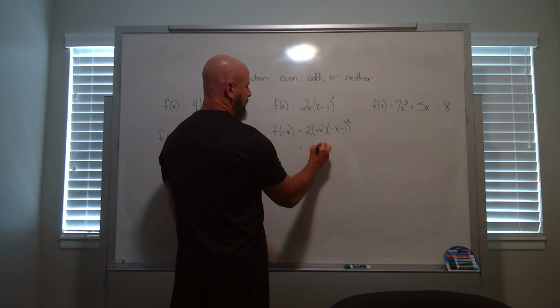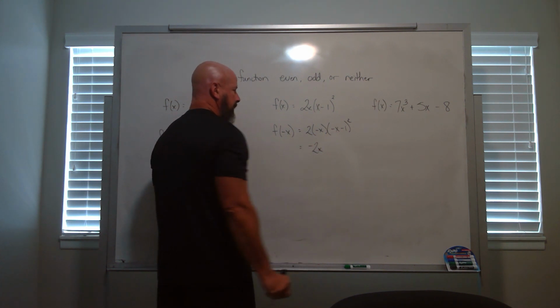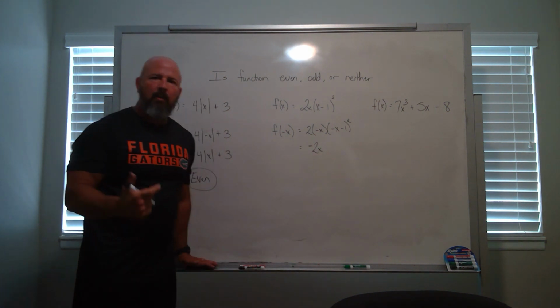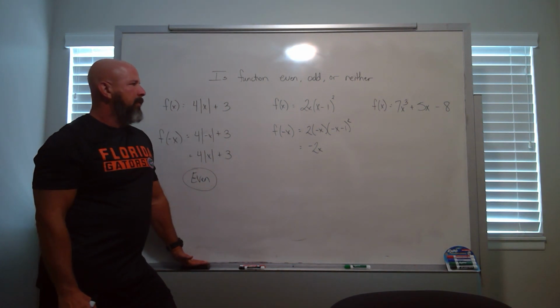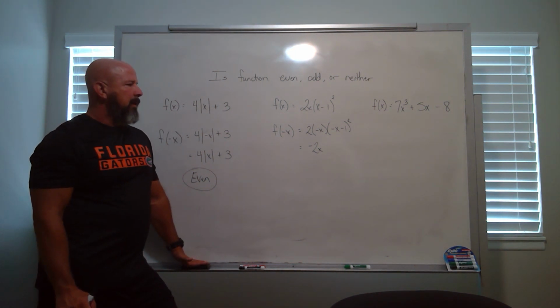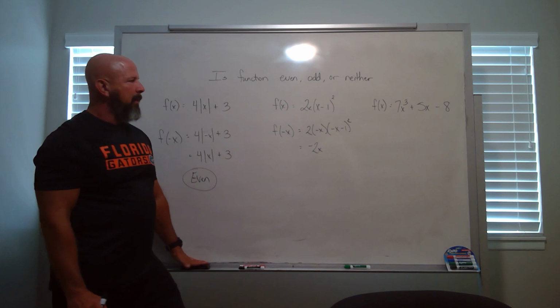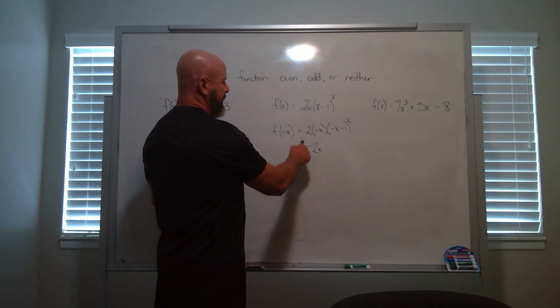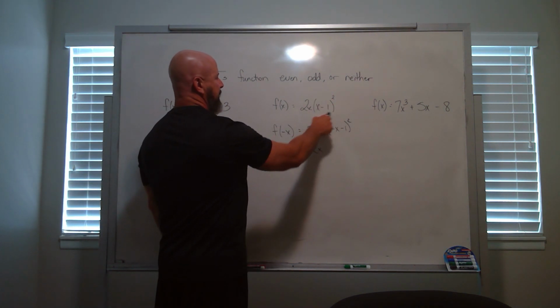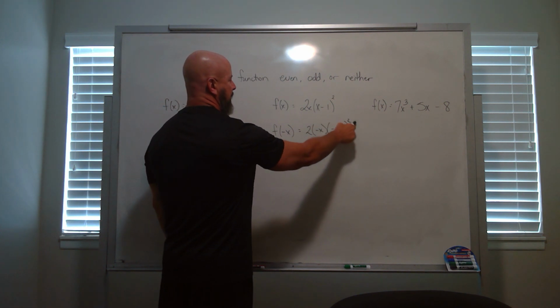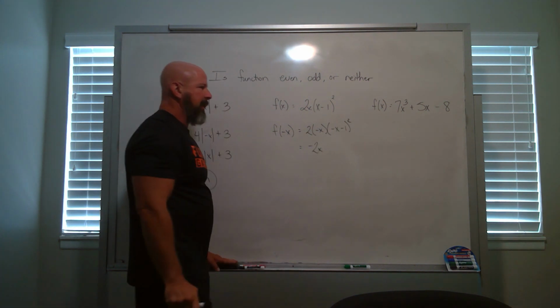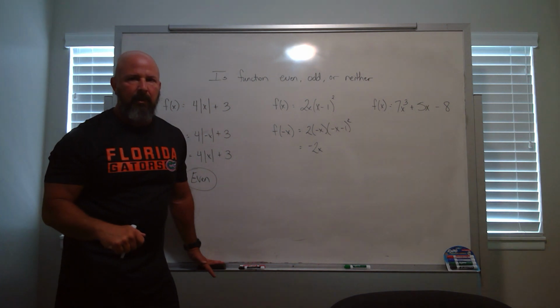First off, 2 times negative x is negative 2x. That's the easy part. It's that square that I'm looking at as far as what's going to happen here. So the question is, I know this is the negative. What's happening with this part and this part? Did that negative x change a lot of things?